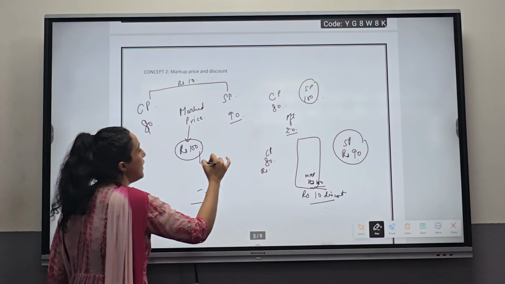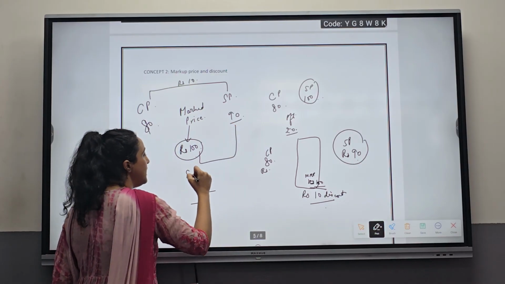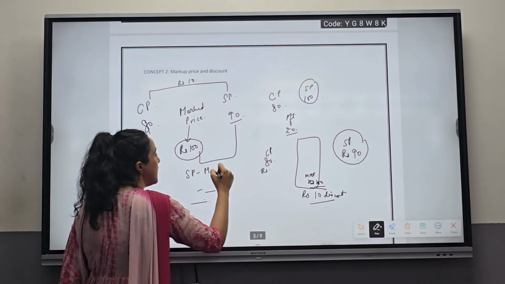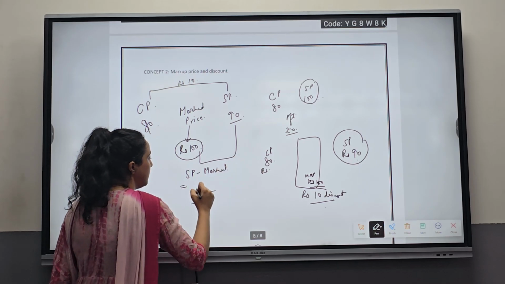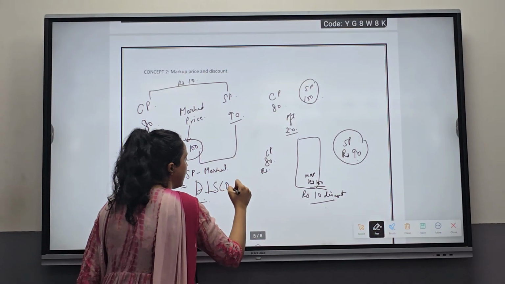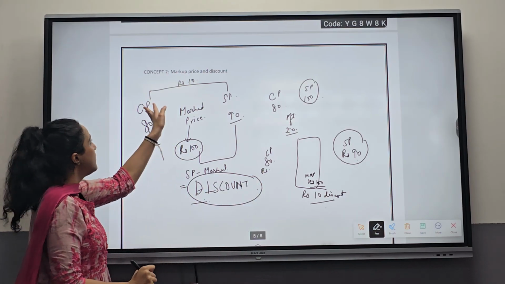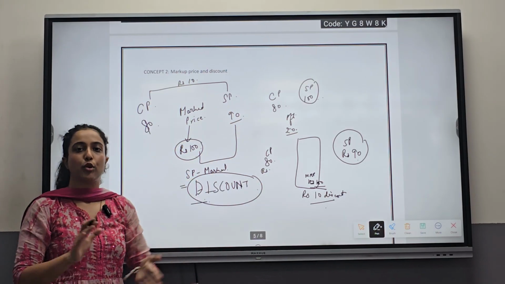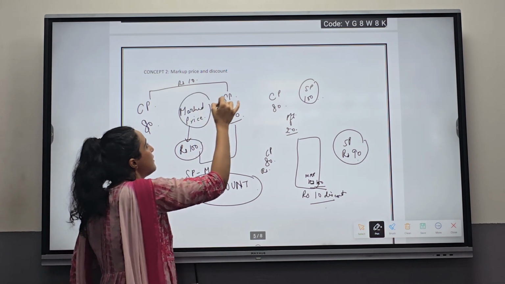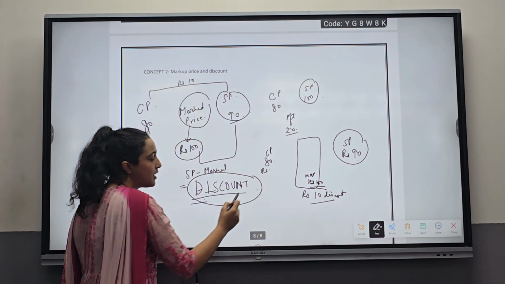This means the difference between marked price and selling price is the discount that you give to a customer. So the difference of cost price and selling price is the profit and loss. The difference of marked price and selling price is the discount.